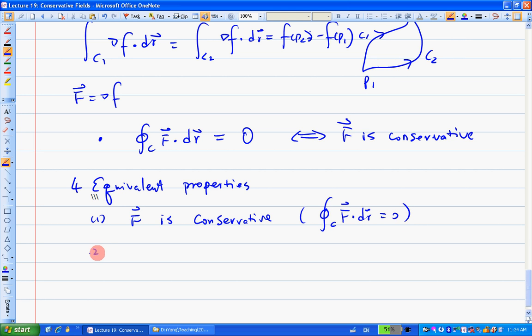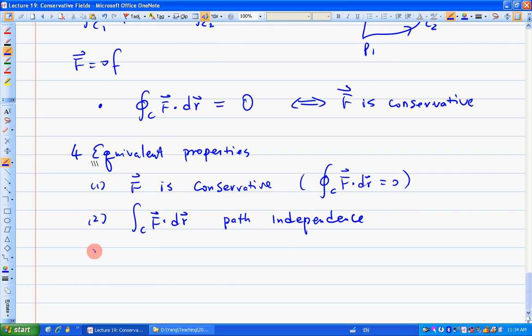Second, when it is conservative, it has this path independence property. Third, when you see that F is conservative, you should know that F must come from del f. The only question is that we need to find out what the f is.